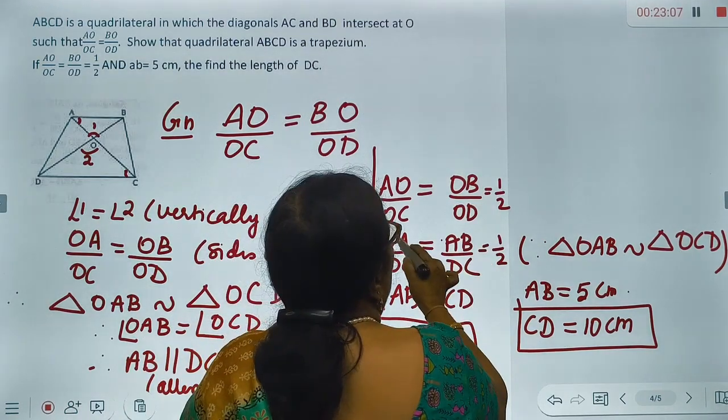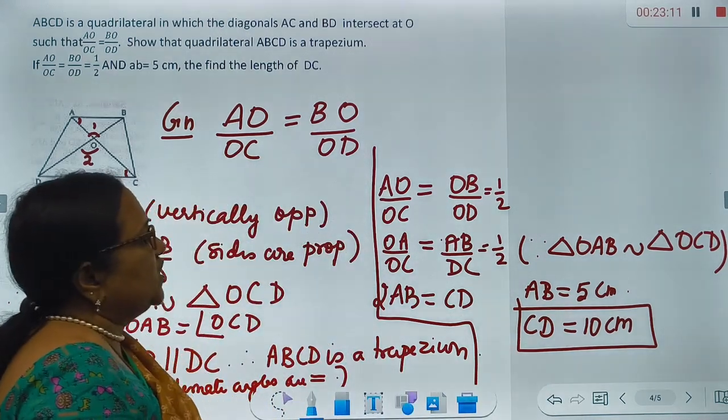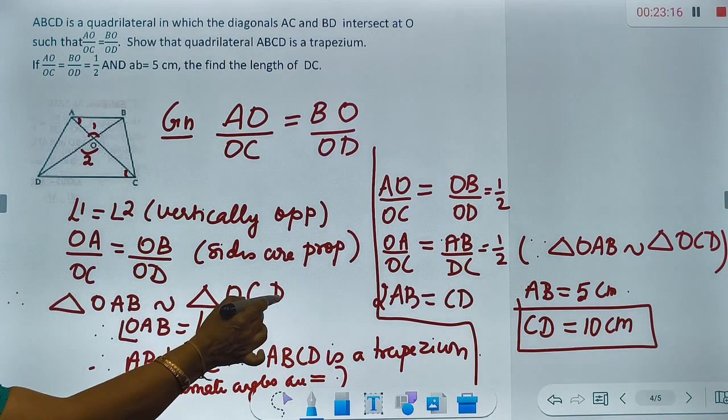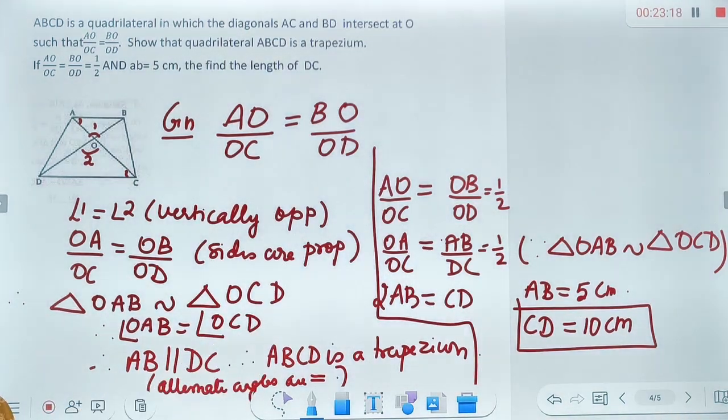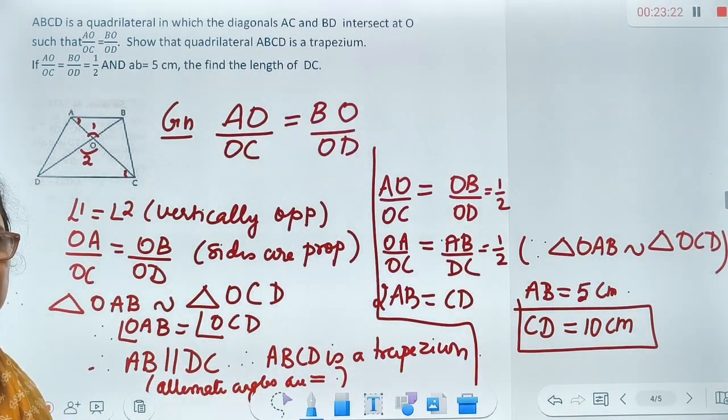Therefore OA by OC is half, so AB by DC is also half, which means CD is twice AB. AB is given to be 5 centimeter. Therefore CD is equal to 10 centimeter. Is it clear?